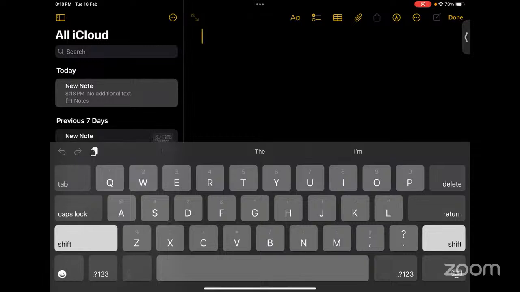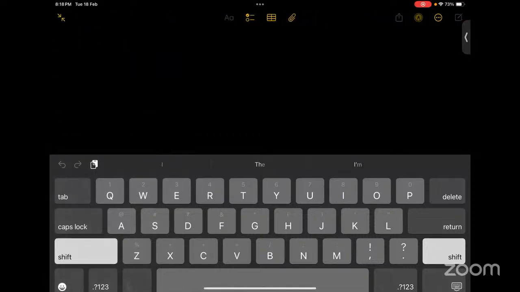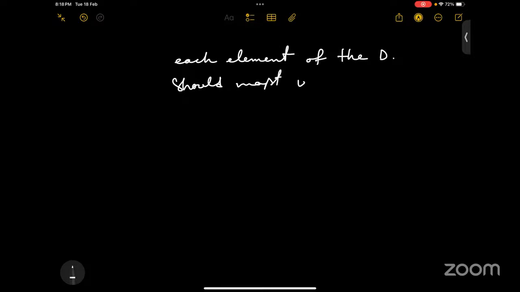So the thing is, the definition of function, as I said, so each element of the domain D should map to a unique element of the codomain. So this is a definition of function.